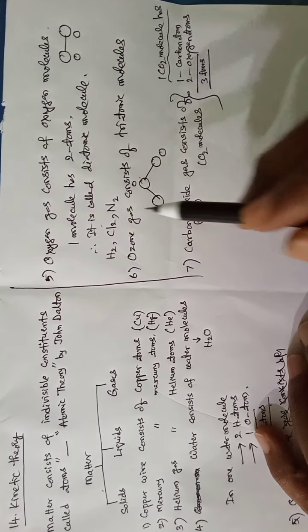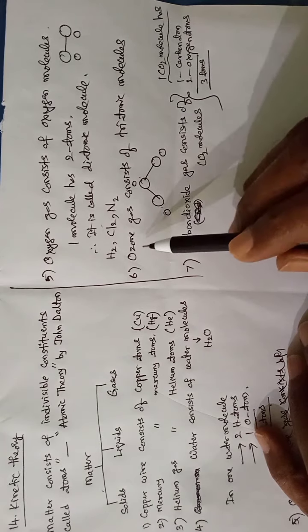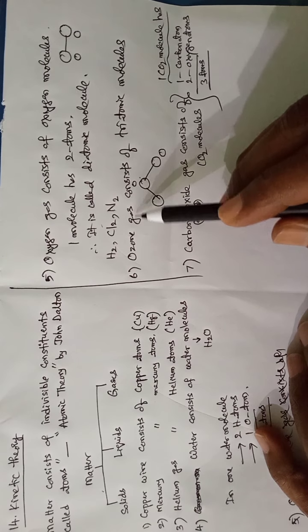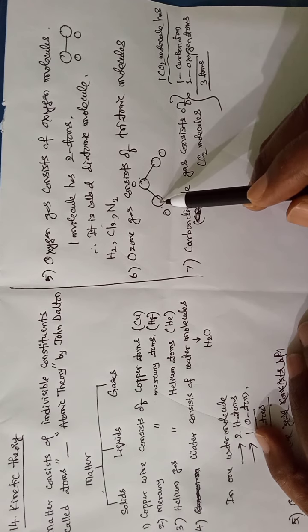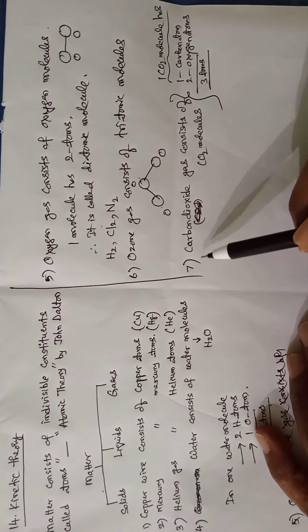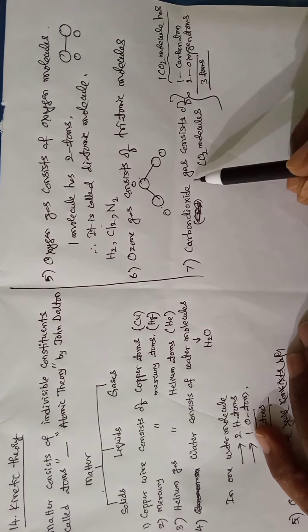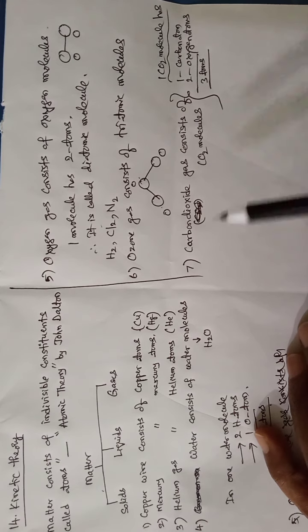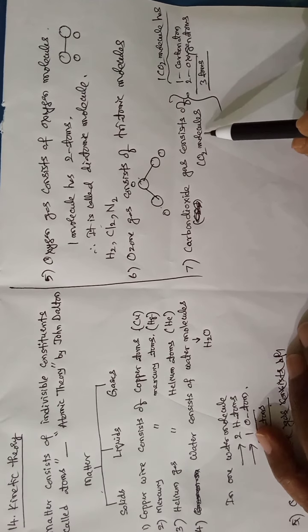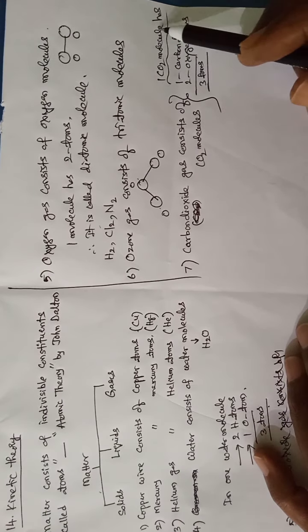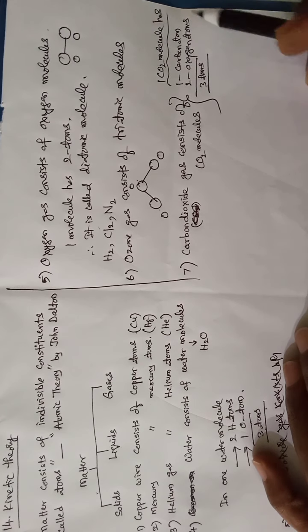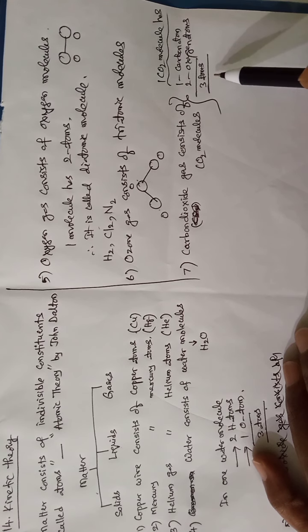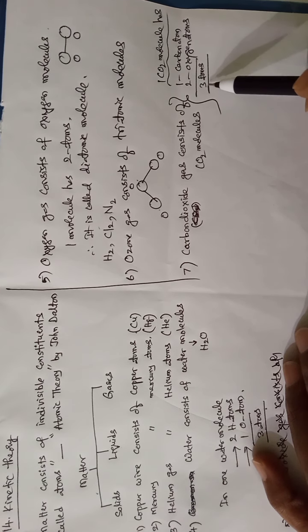If you consider ozone gas, each ozone molecule has three oxygen atoms. Carbon dioxide gas consists of carbon dioxide molecules, and each carbon dioxide molecule has one carbon atom and two oxygen atoms. In total, each molecule has three atoms.